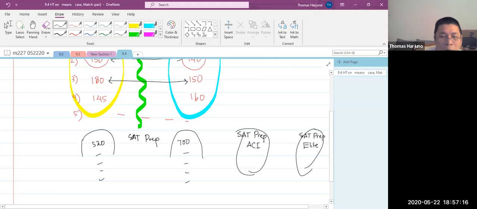You cannot pair them. Then you use independent tests. Okay, now we are not doing this thing. We are doing this thing. So we will be dealing with the same student taking the SAT test before the prep and after the prep. Okay, this is the situation when we use this kind of test.